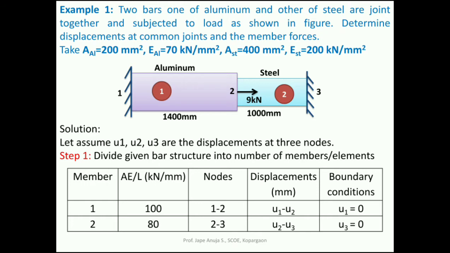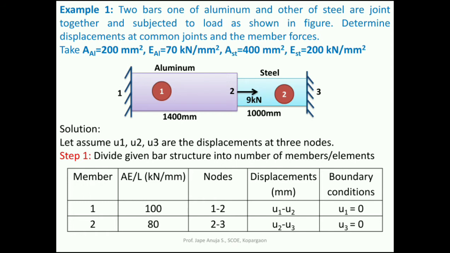As there are 2 members, member 1 and 2, calculate their AE upon L in kilonewton per meter. For member 1, aluminium properties are given, for member 2, steel properties are given. Take those values of A, E and L and calculate the ratio AE upon L, that is the axial stiffness. For member 1 it is calculated as 100 and for the second member as 80, in kilonewton per mm.